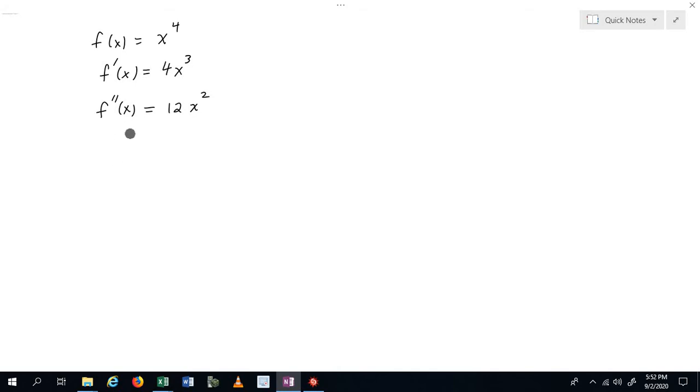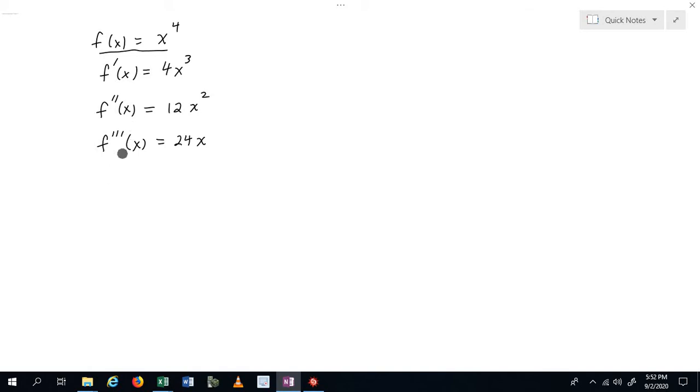And then there's no end to this. I could take the derivative of this function, and that's known as the third derivative of the original function. And you can denote that by putting 3 primes next to f. And again, using the power rule, you would get 24x here. Okay.